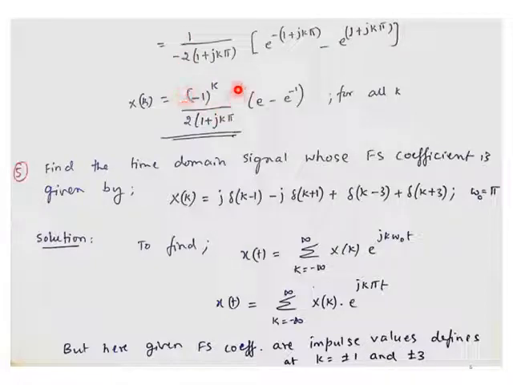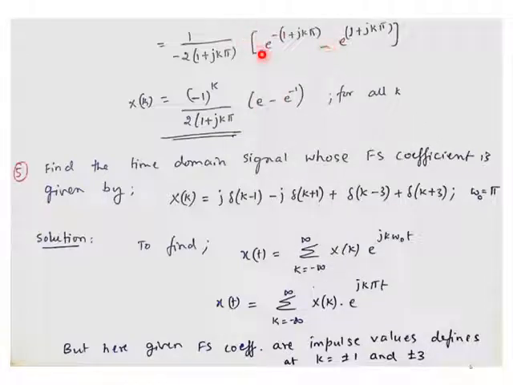So all together, if I take that minus sign along with it, I can write minus 1 to the power k. When k equal to 0, the value is going to be 1 itself. When k equal to 1, we get minus 1. When k equal to 2, it becomes plus. So the remaining constant term is e to the power minus 1.